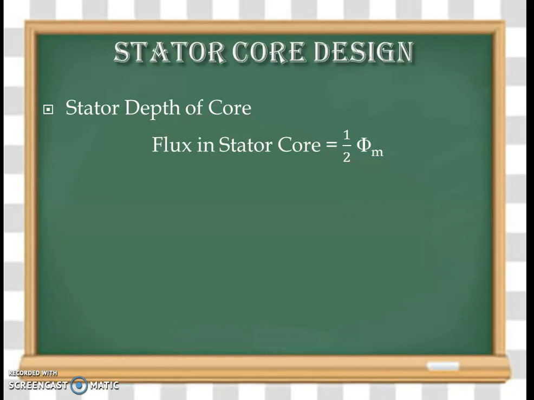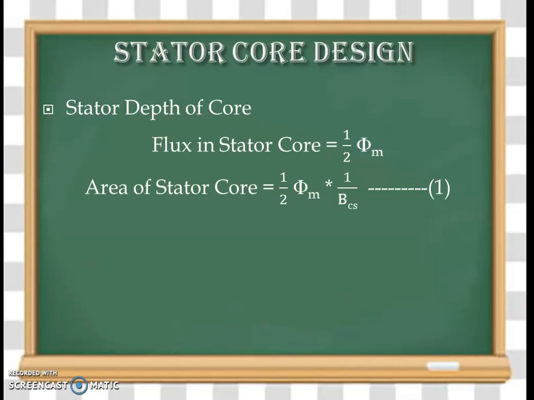This much flux is passing through the core. Based on this, we can calculate the area of the stator core. The area is nothing but flux divided by flux density. So the total flux passing through the stator core, half of the flux per pole, divided by the flux density of the stator core, BCS. C is for core and S is for stator. So this way we are able to calculate the total area of the core.